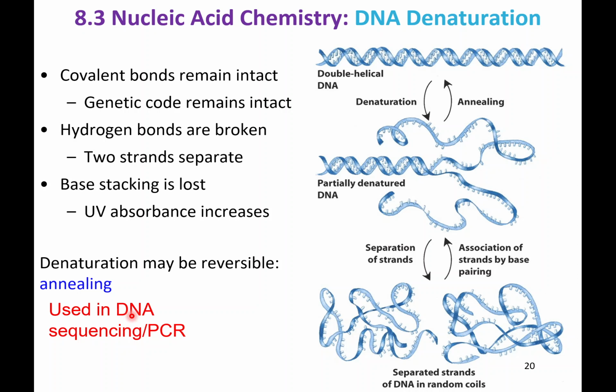This process of denaturation and annealing is used in both DNA sequencing and in PCR, which stands for polymerase chain reaction. So if you do any work in a microbiology lab, you're going to use PCR.